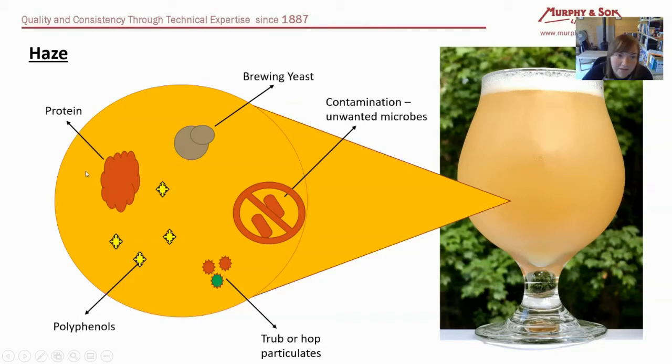Brewing yeast, proteins, polyphenols, and then any other trub or hop particulate. So obviously, I'm not saying all these are in your NEPAs, but there's certain things that you want to cause haze and certain things that you want to keep out. But if you have yeast and any hop particulate staying in your packaged beer, then if there's any dextrins, there's the possibility that hop creep can happen in your packaged beer.